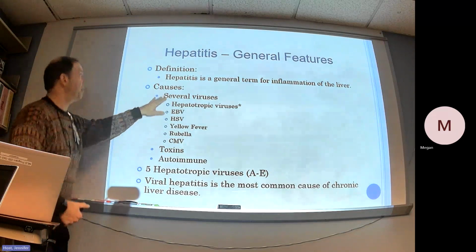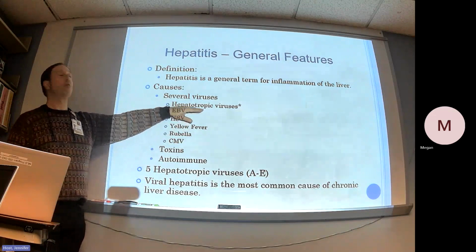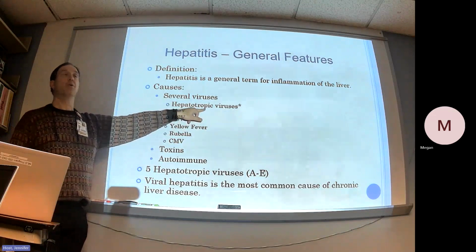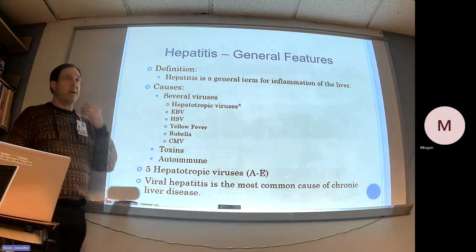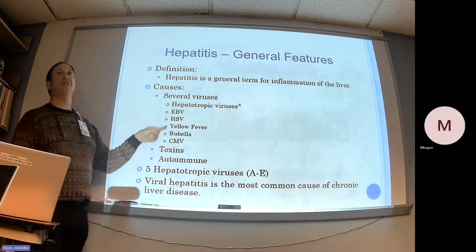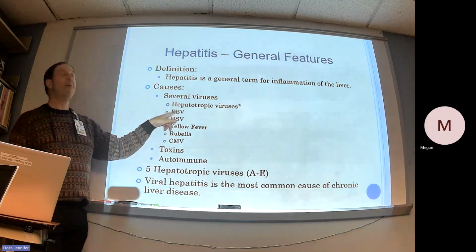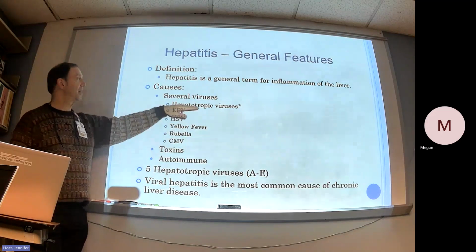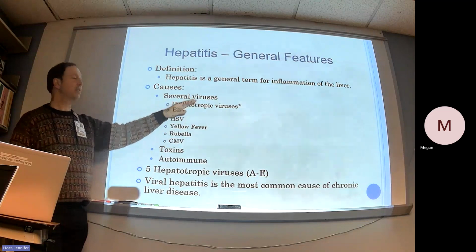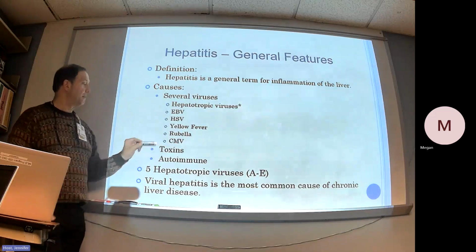Okay, we already talked about them. There's a lot of different viruses. This is the group we're going to talk about. Hepatotropic. Tropic is it likes it. Tropism. Hepato is the hepatocellular hepatocyte. Can you get hepatitis for a lot of other reasons? Absolutely. Just like if I test you for mono and it's not mono, it could be CMV. So if I test you for hepatitis and it's not a hepatitis virus, it could be CMV or it could be Epstein-Barr or otherwise.